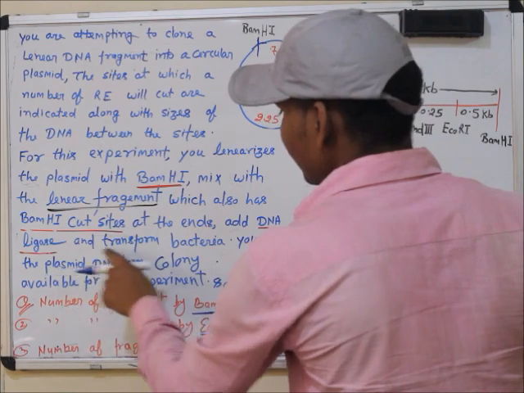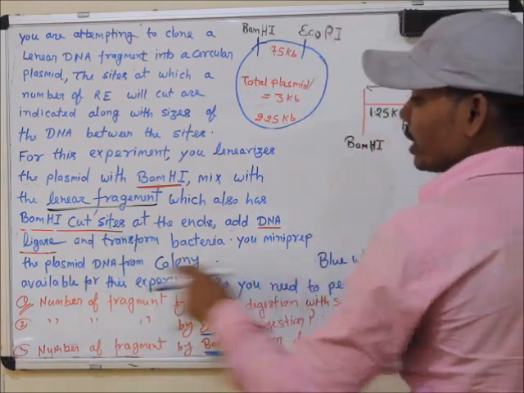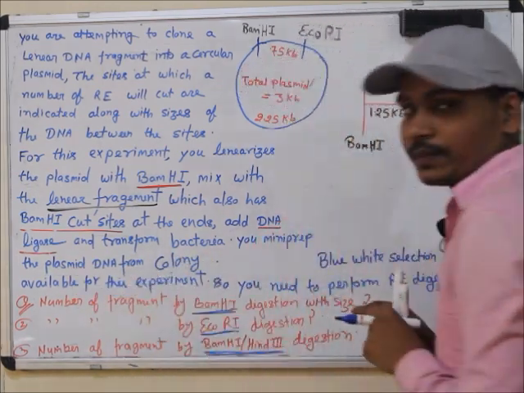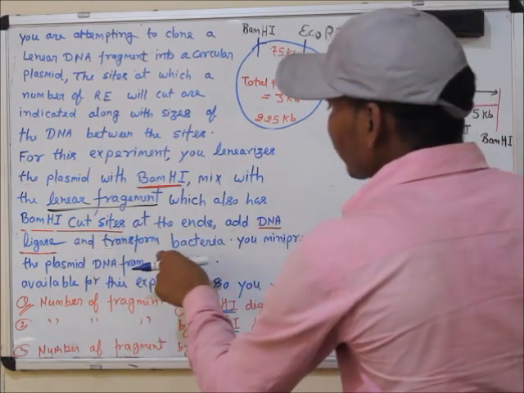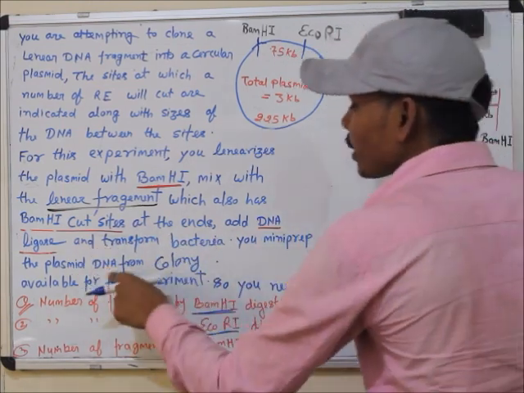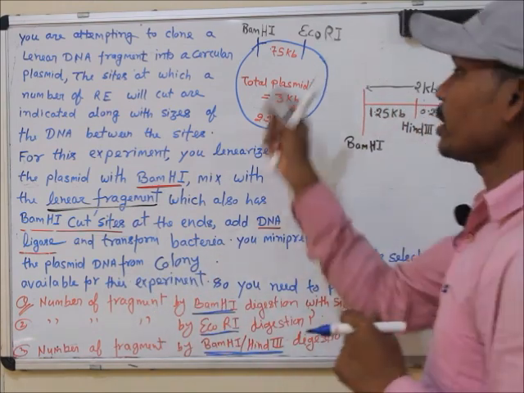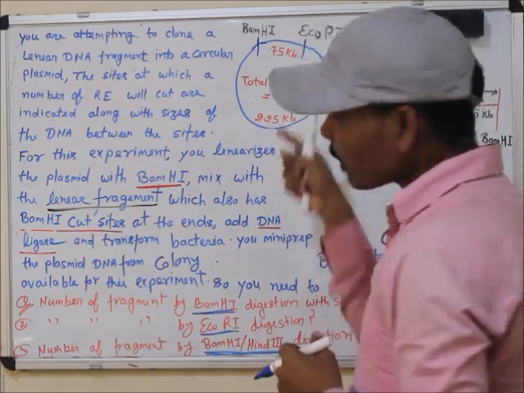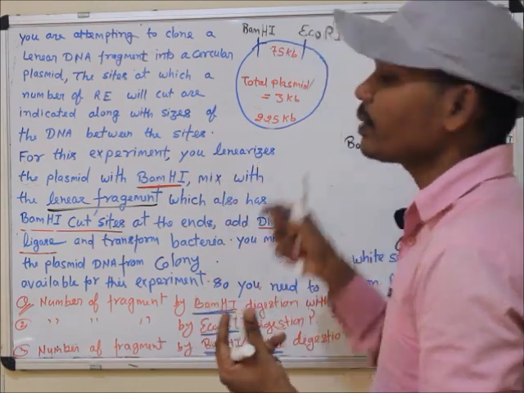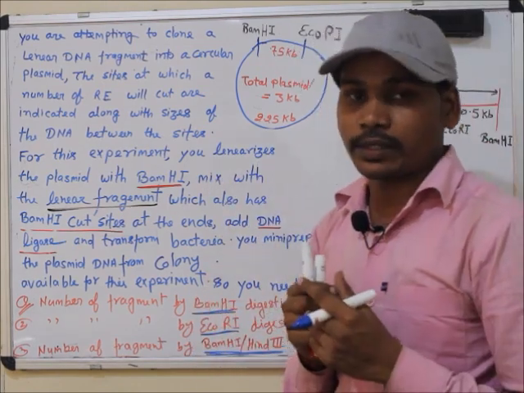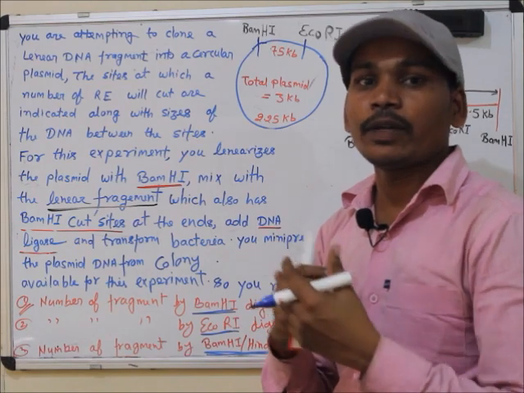After DNA ligase and transforming bacteria, you isolate the plasmid DNA from a colony. When transformation is completed within the bacteria, the bacteria will divide overnight and a number of bacteria will form.